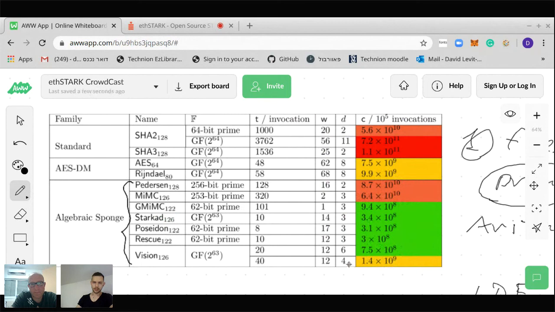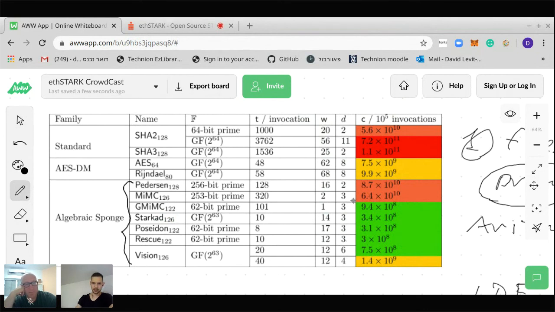Now you can see here D, which is the degree, as I mentioned. These Ds are the Ds that we found most natural for these functions, and you can see that some of them are different.